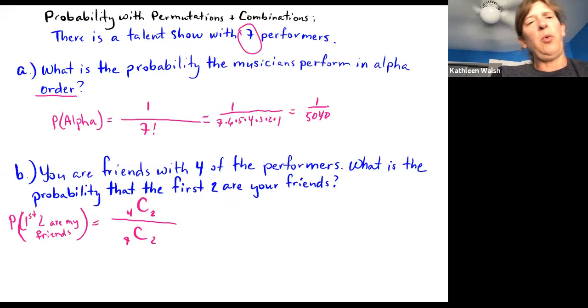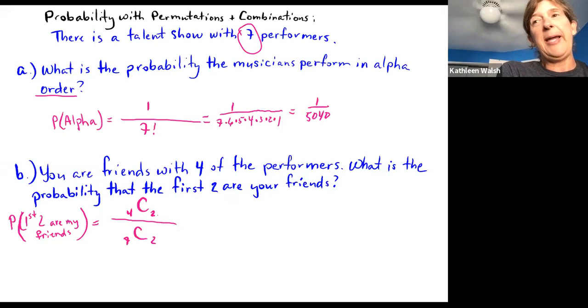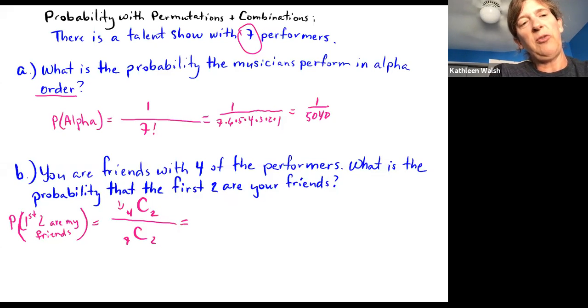So we're going to simplify this. And remember, the 4 here is my n, the number of distinct objects, and this number 2 is my r, the number of objects taken from my distinct objects. Those 2 are taken from my group of 4 friends, okay?